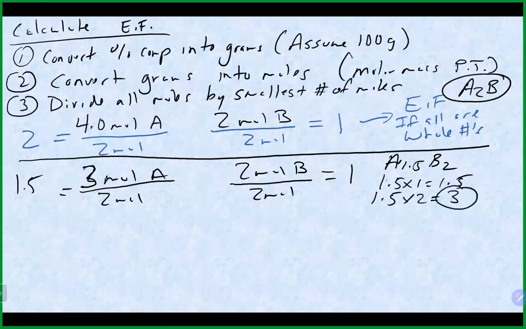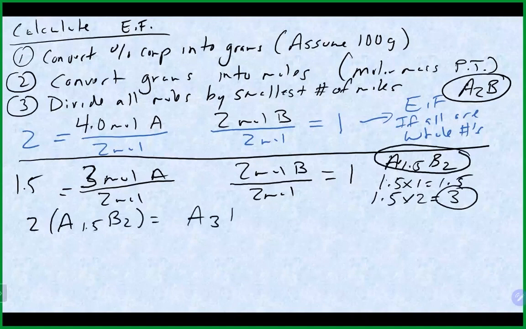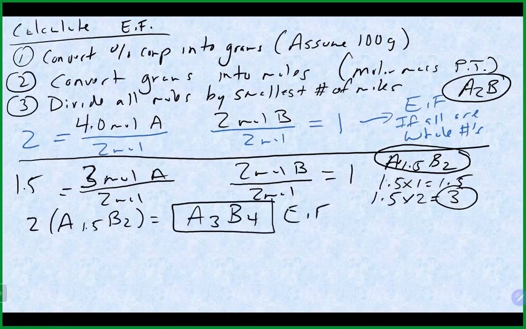And that is a whole number. So what you would do is multiply this entire thing by 2. So taking that and multiplying it by 2 would give us A3B4. And that would be our proper empirical formula, which is all whole numbers.